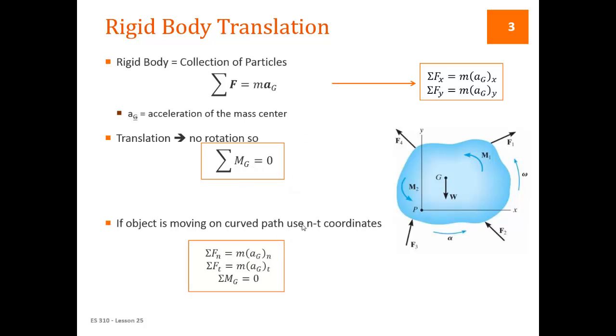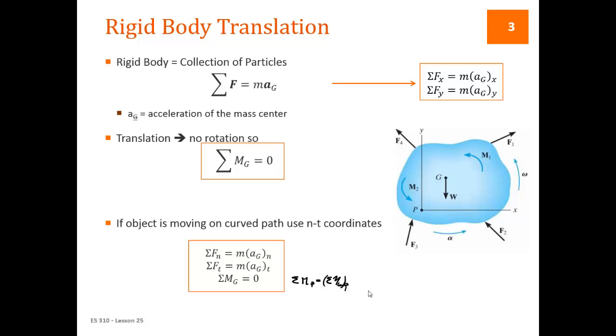We also, if you remember, using the kinetic moment equations, could write that the sum of moments at any point were equal to the sum of the kinetic moments, the cursive m moments, at that point.